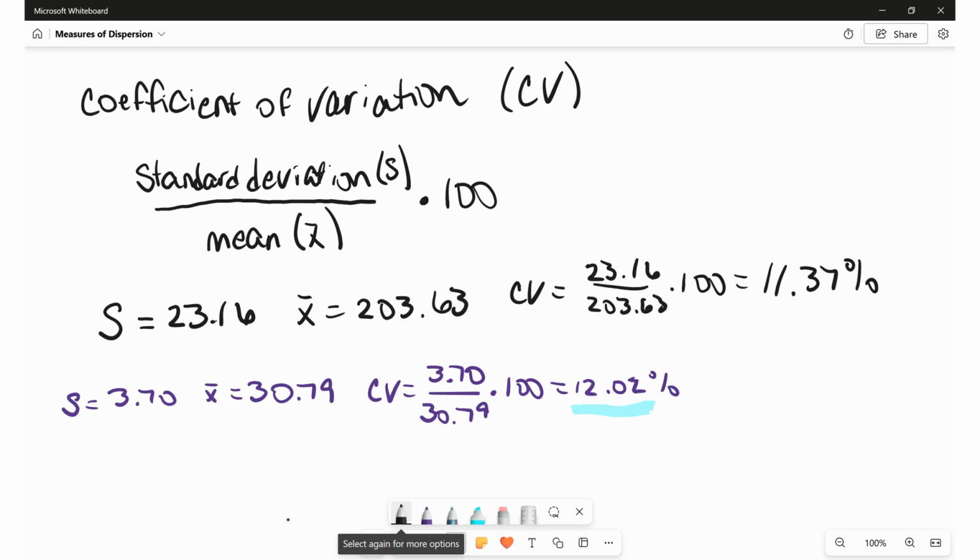So if you're looking for a stock that's extremely volatile, has great swings up and down, then you want to go with one with a higher coefficient of variation. However, if you're looking for a stock that is more of a sure thing, you want to go with one with a lower coefficient of variation, because that means that it is less volatile.